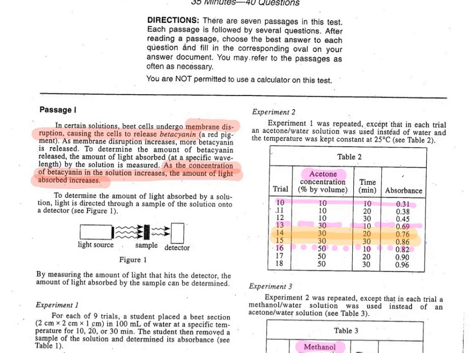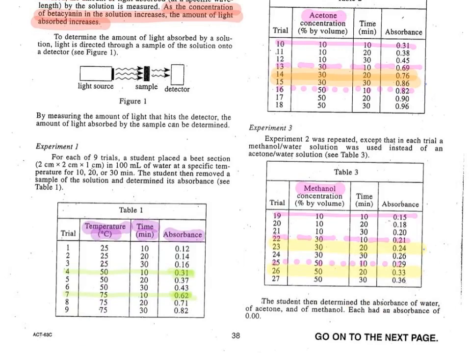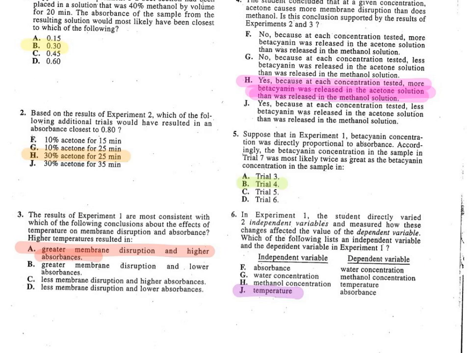As the concentration of this solution increases, the amount of light absorbed increases. Therefore, when I go down to table 1, I notice that as the temperature increases, the absorbance rates increase as well. This leads me to choose answer A, greater membrane disruption and higher absorbances.